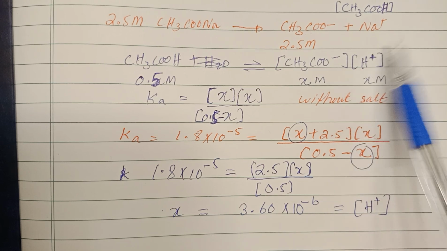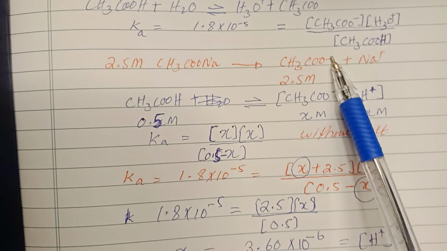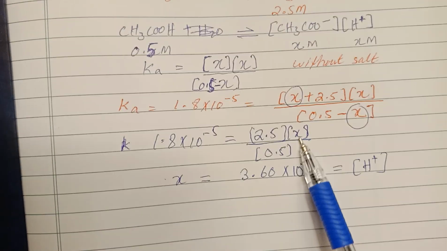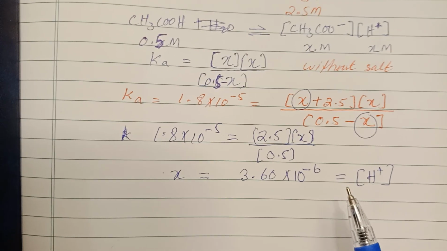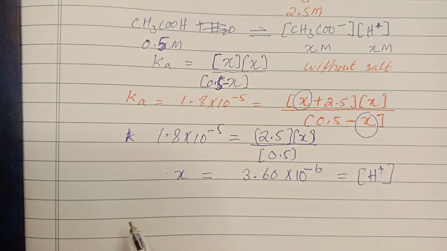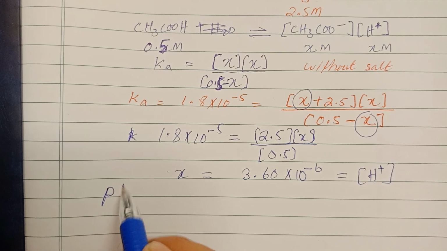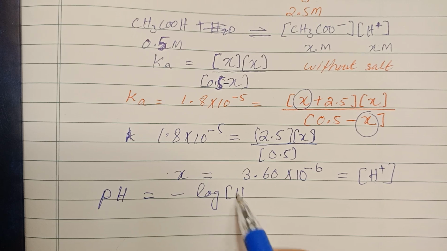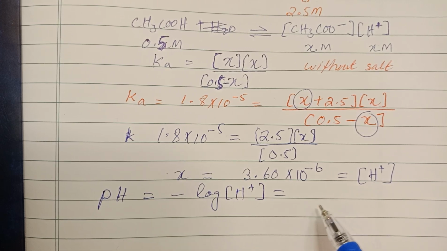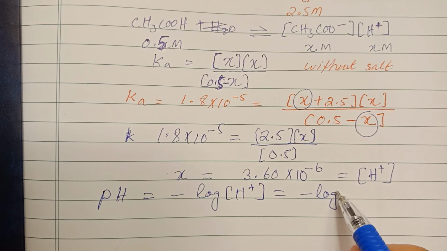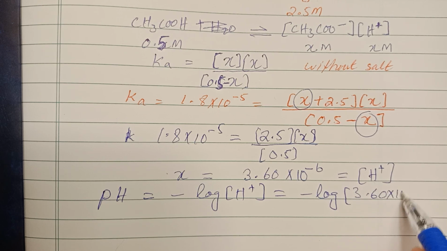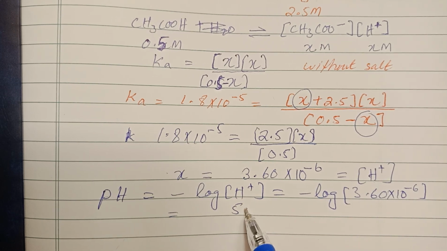From the rate expression we can see that this X corresponds to the concentration of hydrogen ion, and from this concentration we can calculate the pH of the solution, that is equal to the negative log of hydrogen ion concentration, that is negative log of 3.60 into 10 to the power minus 6, that is equal to 5.44.